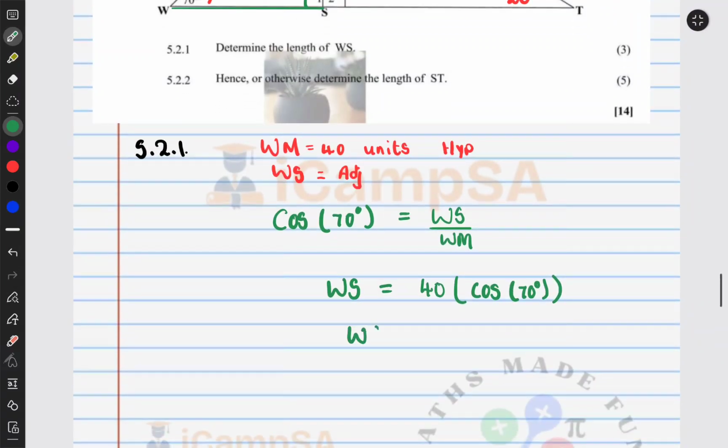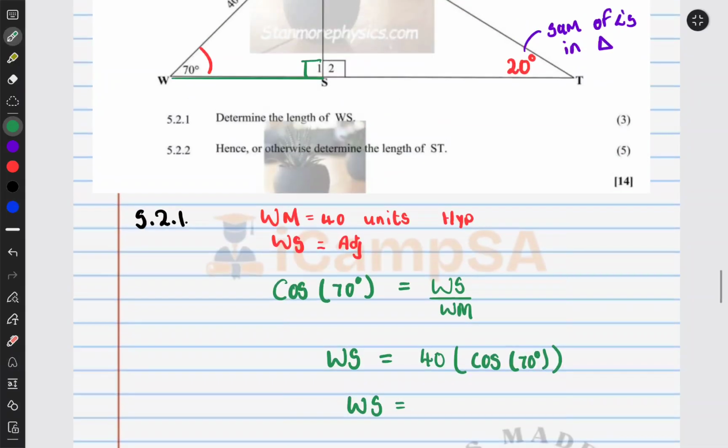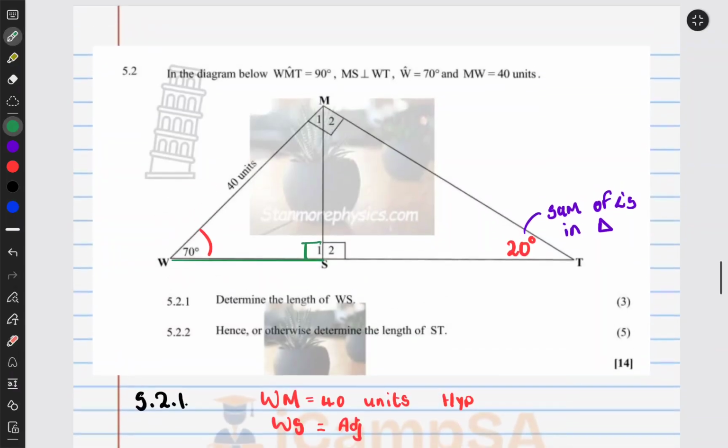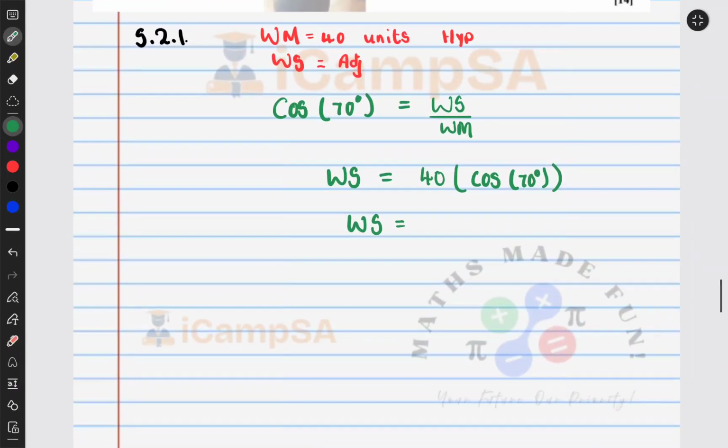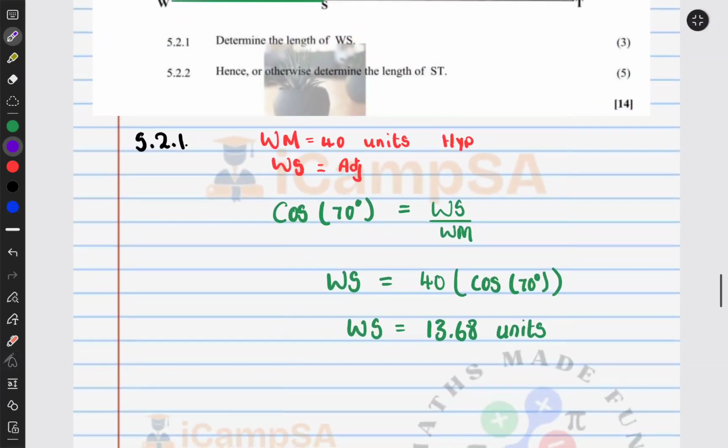Therefore our WS, you punch that in your calculator, cos 70, gives us 13.68 units. That is the length of WS, 13.68 units.